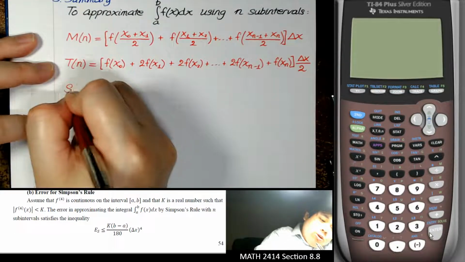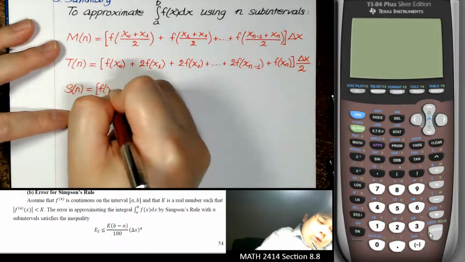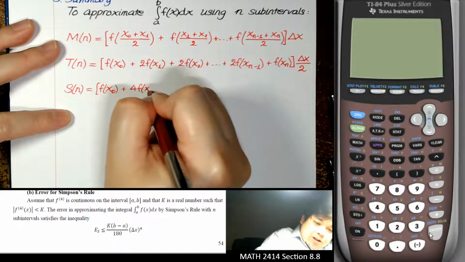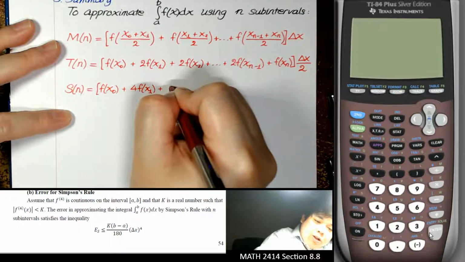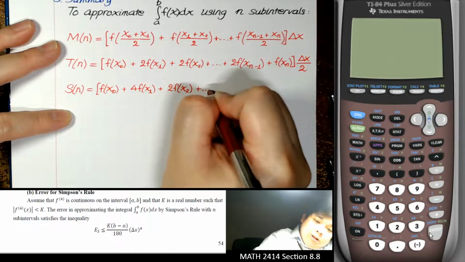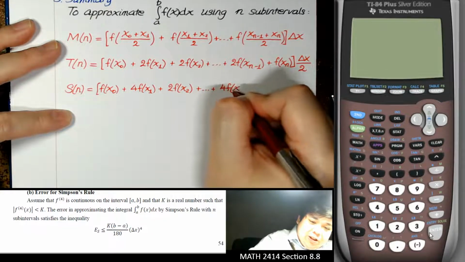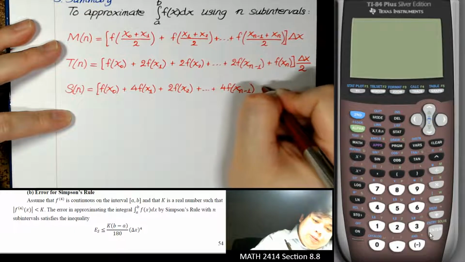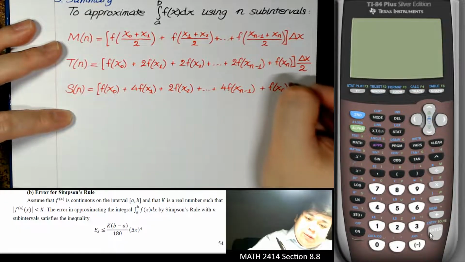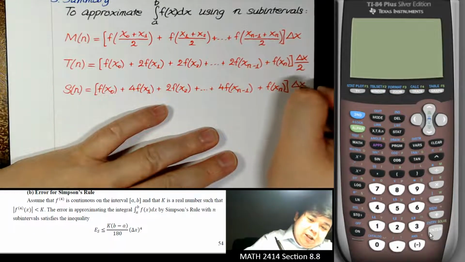And then Simpson's rule would be 1, 4, 2, and then 4, and then back to 1, and then delta x divided by 3.